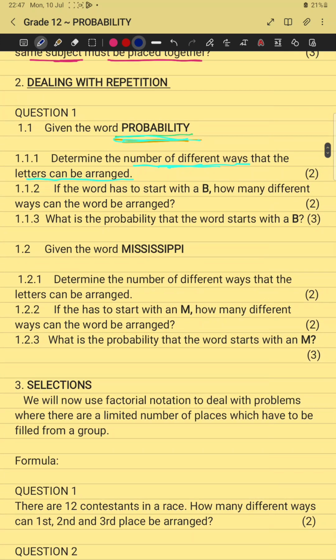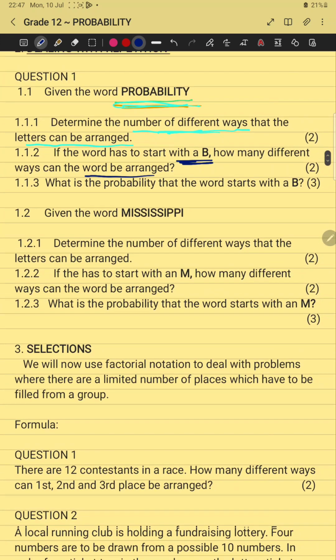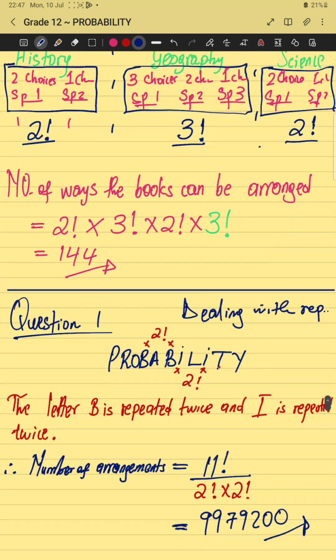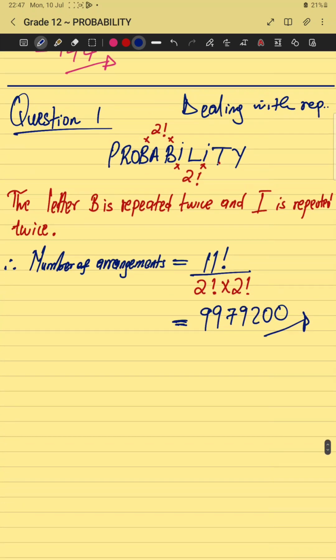Now they say if the word has to start with a B, how many different ways can the word be arranged? If now the word has to start with a B, let's analyze that one.